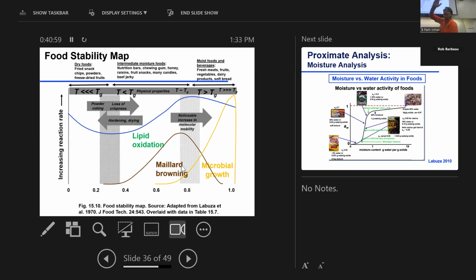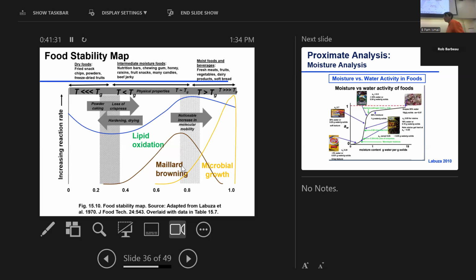So you go from glassy state to amorphous state. When you pass the glass transition, it becomes more rubbery, from glassy to rubbery. So this is the temperature below glass transition, much lower and much higher. So it's giving you a relationship of moisture and glass transition.